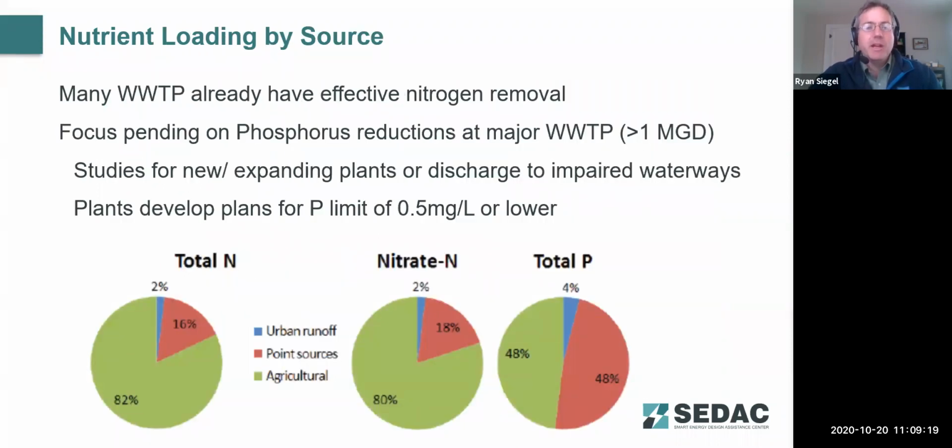As I noted earlier, many facilities already do very effective nitrogen removal. As many of these processes were originally designed, it was for nitrogen removal.